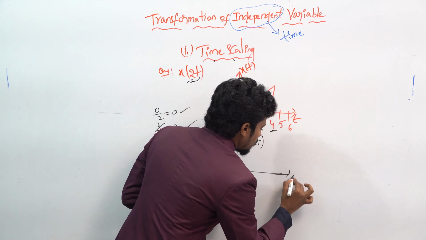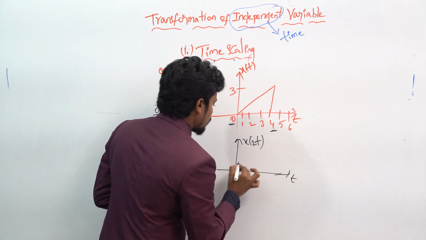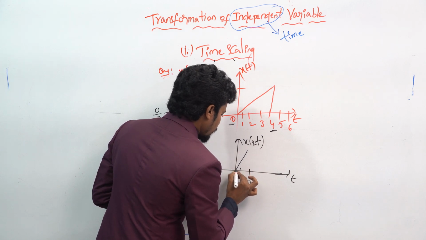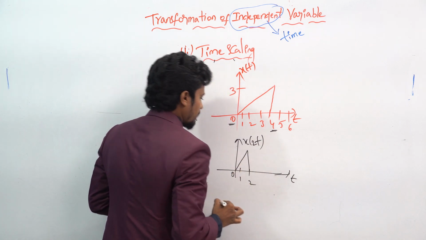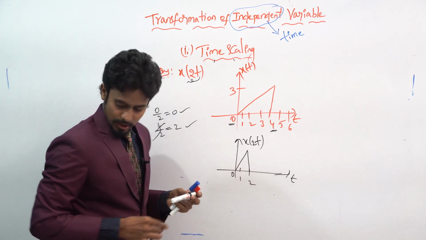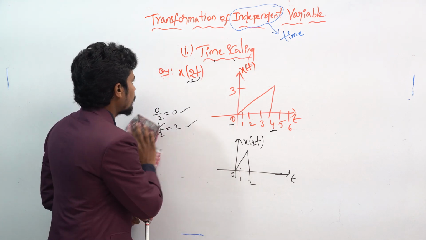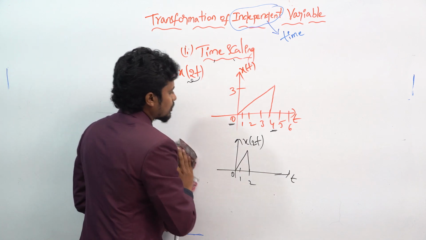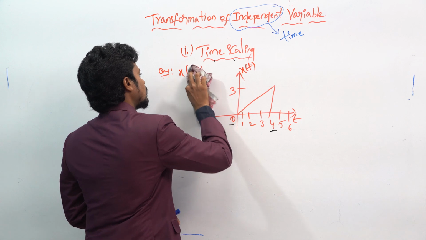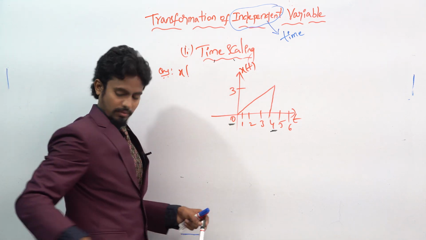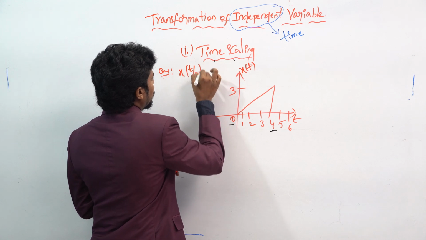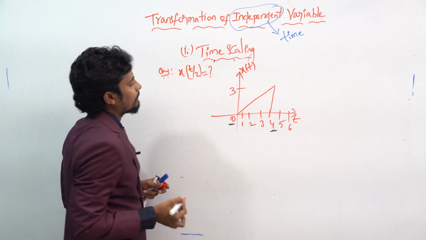And here this will be t. This will be 0, 1 and here 2. Our plot is compressed like this. And next we will see what will happen if we take x of t divided by 2, for the same question.